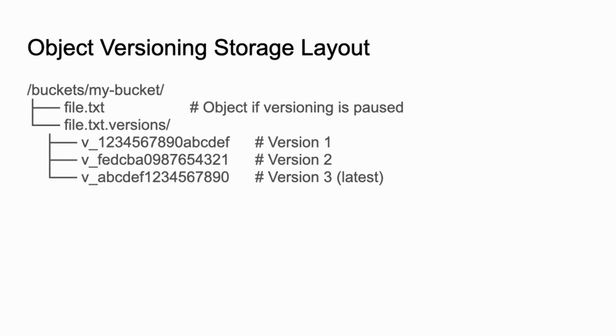This is how the storage layout will look. For any file that is not version enabled, or if the bucket versioning is paused, it will be stored as is. But if the file is versioning enabled, the file itself will be represented by a folder, and the multiple versions will be stored as v-dash-some-number.